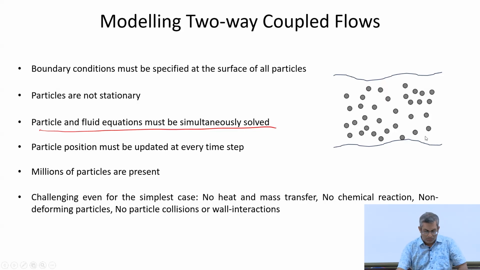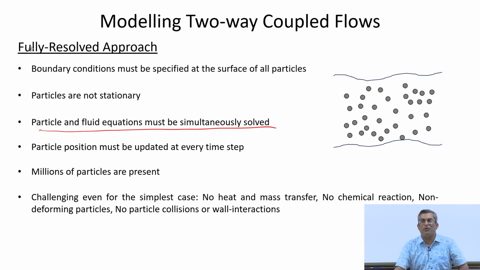So this approach is known as fully resolved approach, where you completely resolve the flow. This means that your grid size, if you want to solve this numerically, must be smaller than the size of the particle.